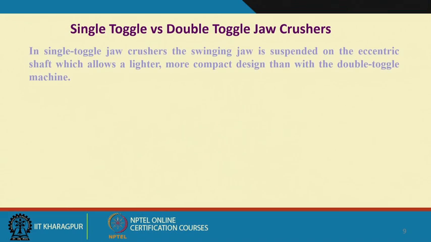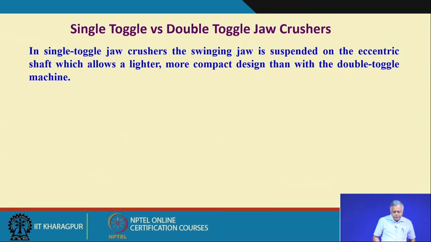So, where should I use a single toggle jaw crusher and where should I use a double toggle jaw crusher? In single toggle jaw crushers, the swinging jaw, as I explained, is suspended on the eccentric shaft, which allows a lighter, more compact design than with the double toggle machine.